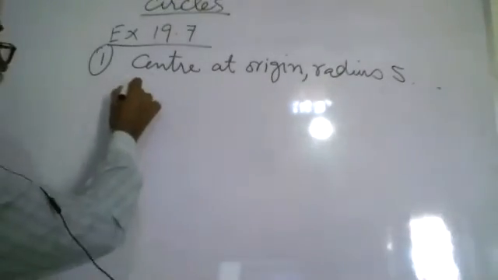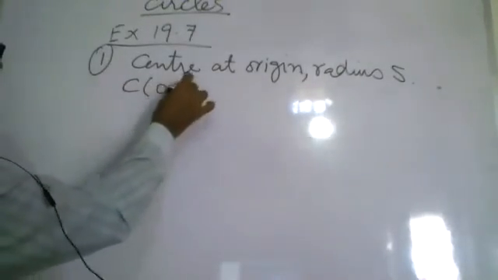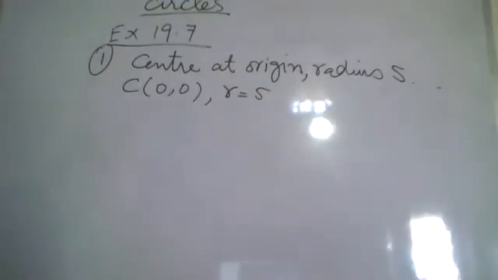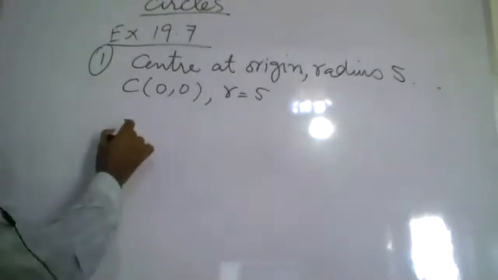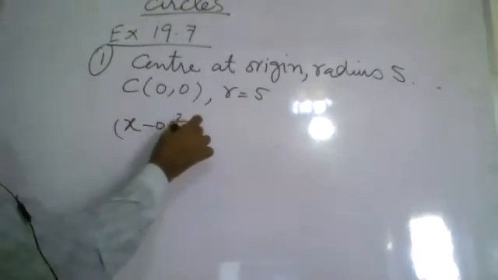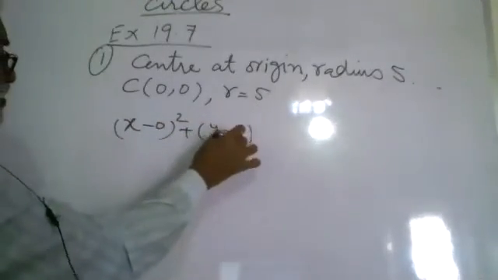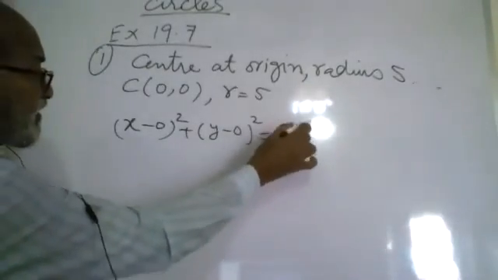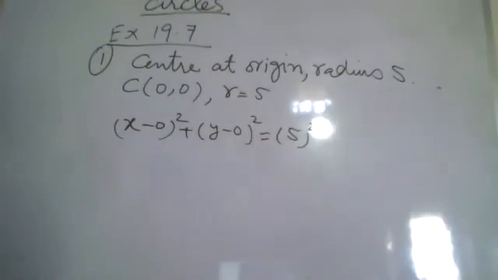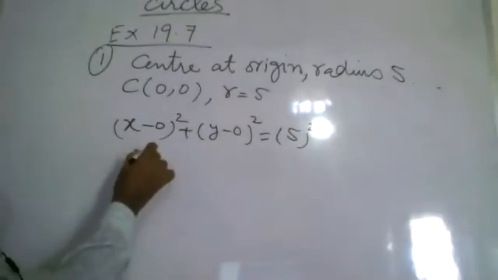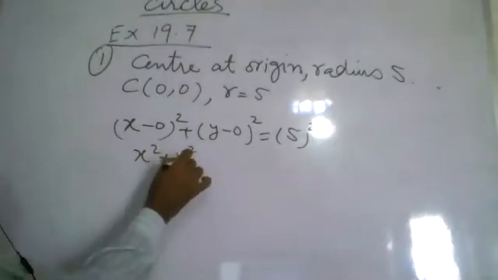So center will become 0, 0 and r is equal to 5. We will use the distance formula: x minus 0 whole square plus y minus 0 whole square is equal to r square. R will be under root, and if you take the square, it will become r square. It is x square plus y square is equal to 25.